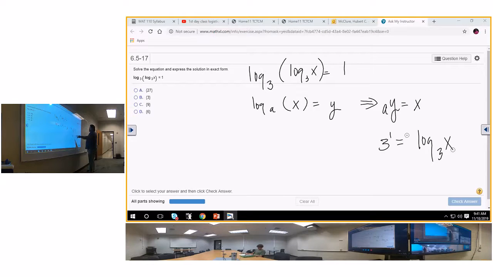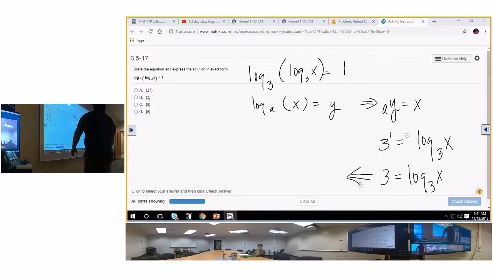Somebody put 3 to the 1 in your calculator, please. Log base 3 of x. Use the definition of a logarithm again. That's going to give us 3 to the third is equal to x.